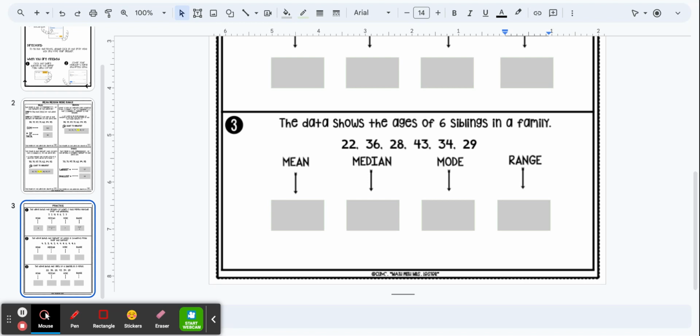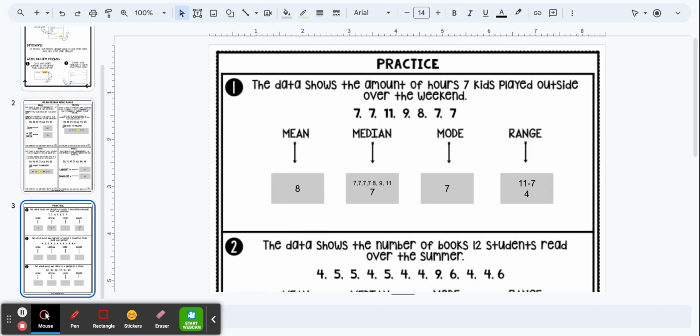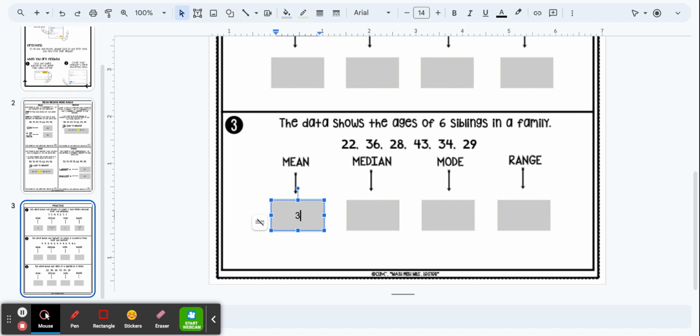And then we're dividing by how many numbers there are here, which we know is 6. So that gives us a mean of 32. And we can kind of double check ourselves. We know that should be right because it does fall somewhere in the middle of our set here. It's not much higher than the highest number or much lower than the lowest number.